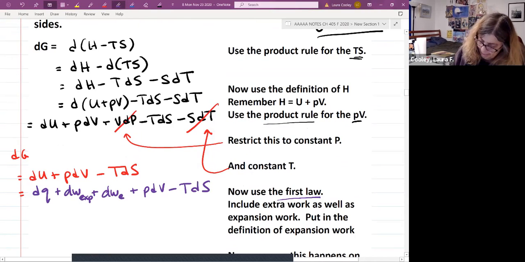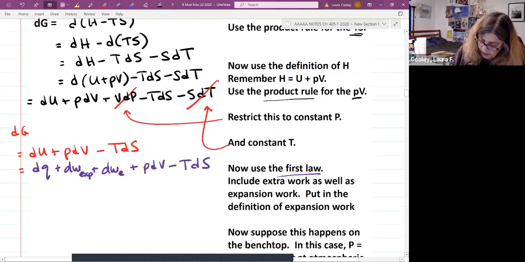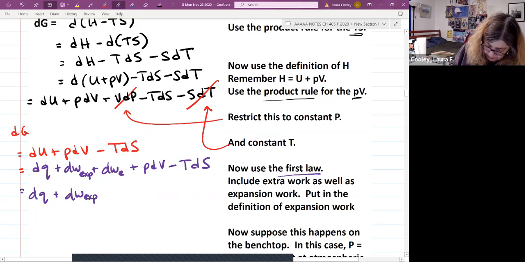Now I'm not going to get rid of that extra work, because that's what this is all about here. But I'm going to put in the definition of expansion work. I said I was going to, and I didn't.